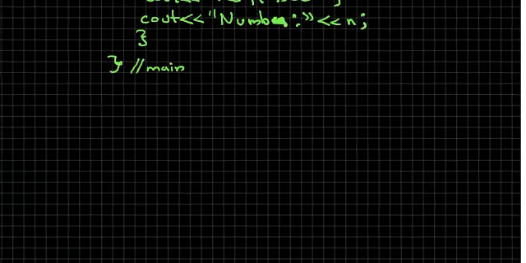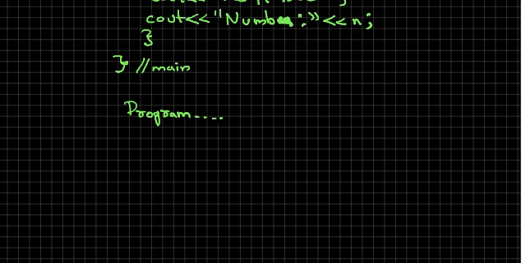The first thing it will print on the screen is "Program..." because I have given the message like this. Then on the next line it will print "Enter the number". Let's assume you are the user and you enter 10.